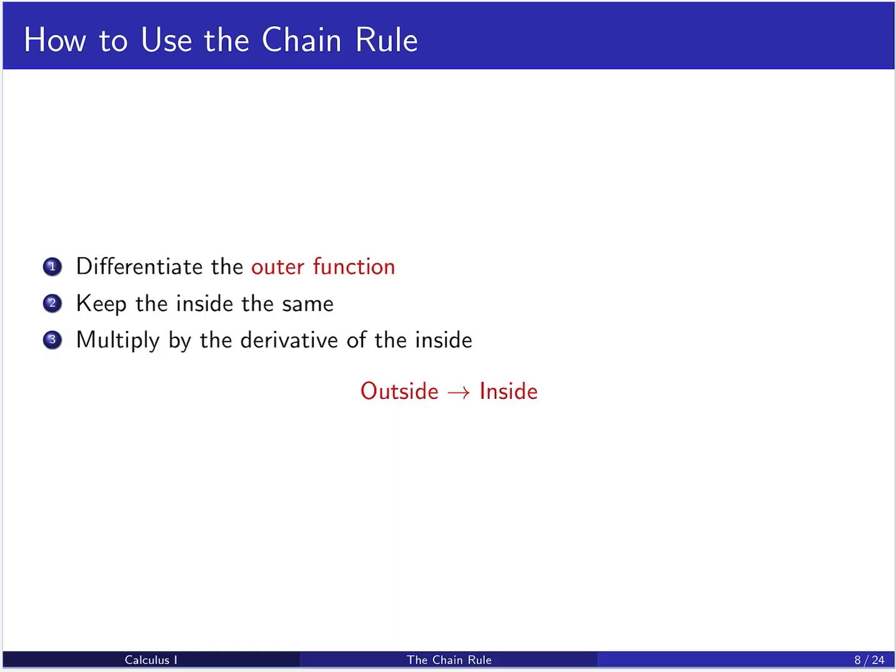So before we start examples, let me give you the 3-step recipe you will use every single time. The first is differentiate the outer function. Treat the inner expression as a single block. Do not toss it yet. Keep the inside the same. So write the inner expression unchanged inside your answer. Then multiply by the derivative of the inside.